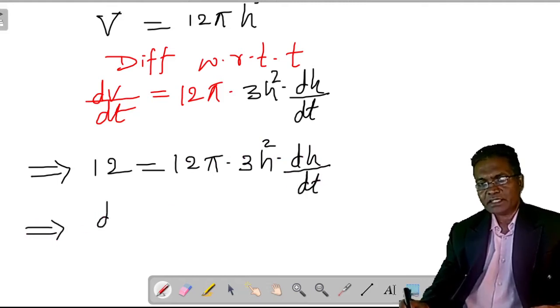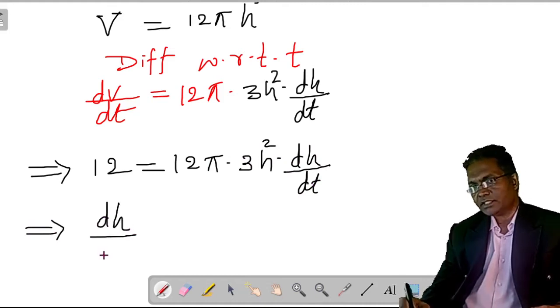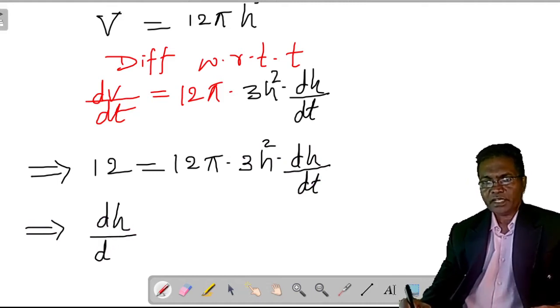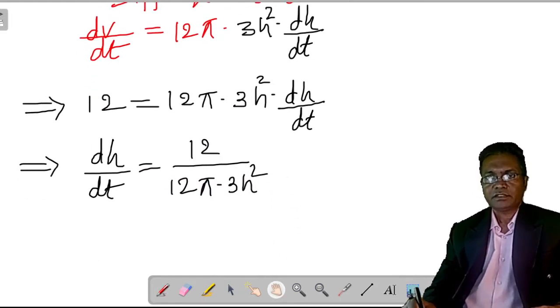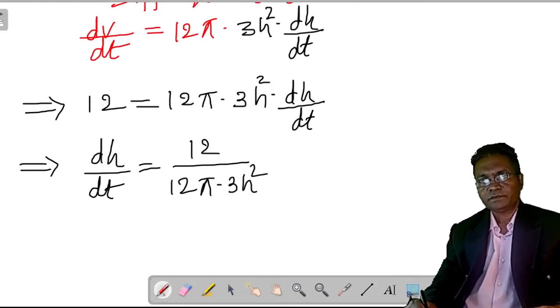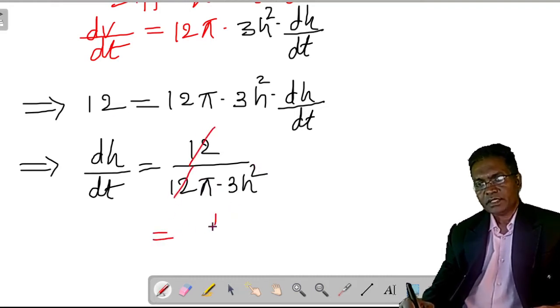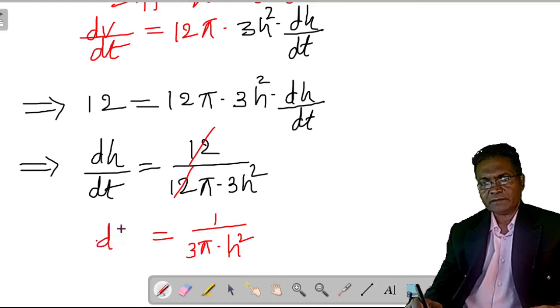So we are interested in dh by dt at h equal to 4. So dh by dt is equal to 12 divided by 12 pi into 3h square, bringing all this down. Now finally your 12 cancels, it's 1 by 3 pi h square is dh by dt.